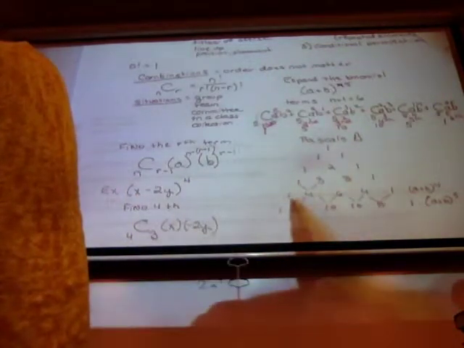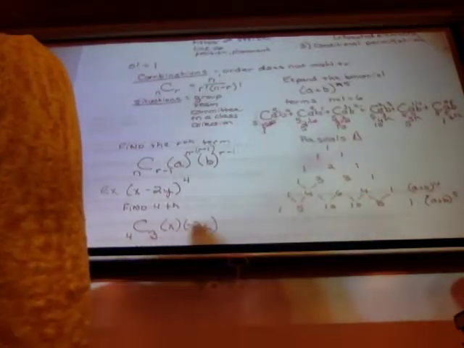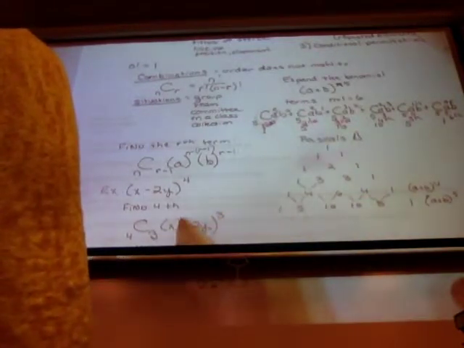Now, if I would be doing this with Pascal's triangle, this would be just 4 here, the fourth term. But that's not my final answer because this is 3, this is 1. This would be x and negative 8y cubed.